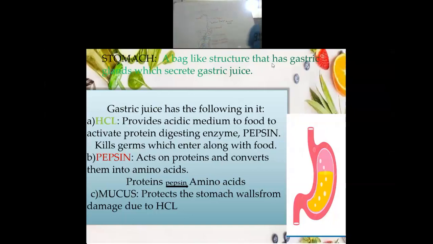And then comes mucus. Mucus protects the walls of the stomach. It is present all over the boundaries of the stomach. Whenever HCl is acting, mucus protects our stomach from the damage caused by HCl, or hydrochloric acid.